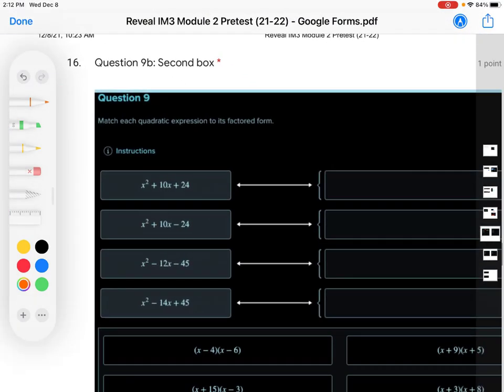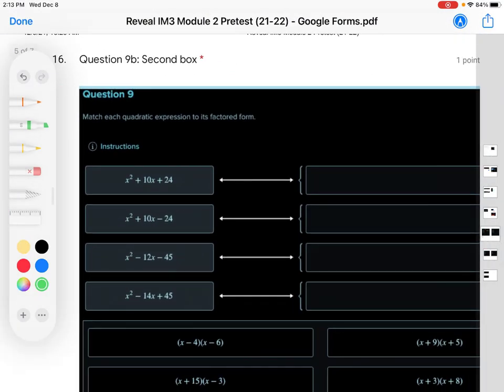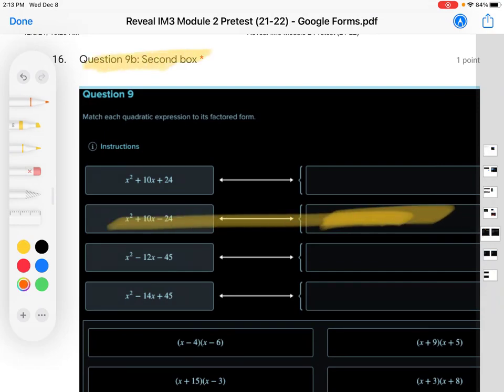Okay, so the next one says the second box, which would be this one right here. So again, two numbers that multiply to be negative 24, and they add up to be 10. Those two numbers are going to be 4 and 6. They're both negative.